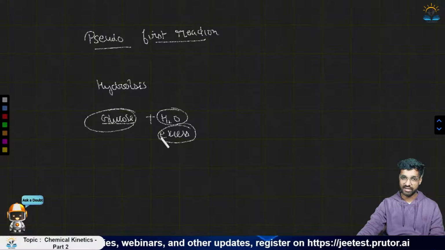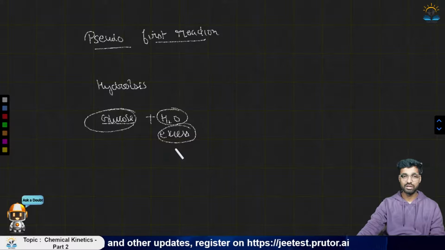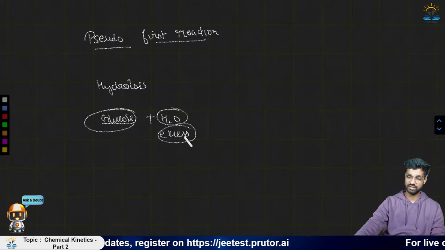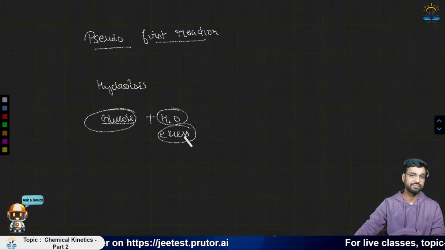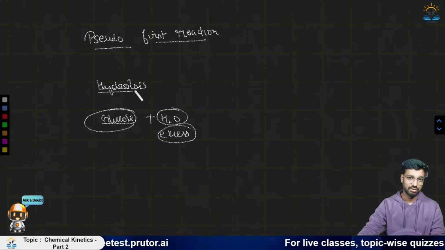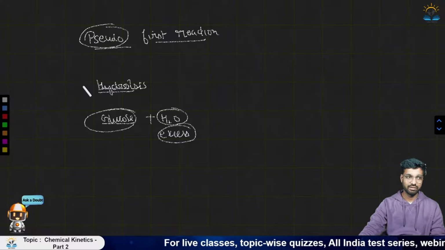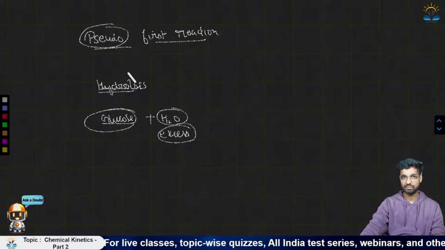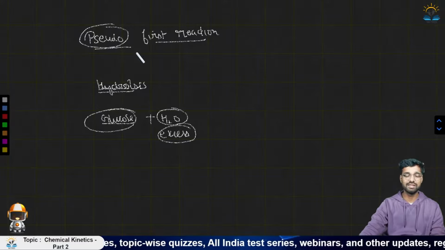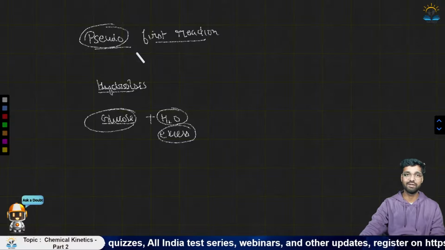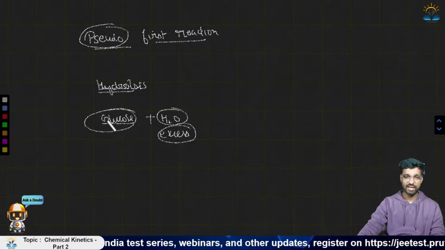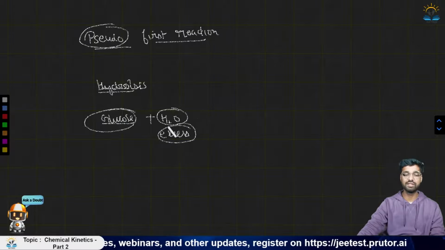Because you have taken it in excess, so its small consumption is not reflected in the rate law. So pseudo means it is a kind of imagination, that is not correct. So it looks like a first order reaction, but actually it is a second order reaction.